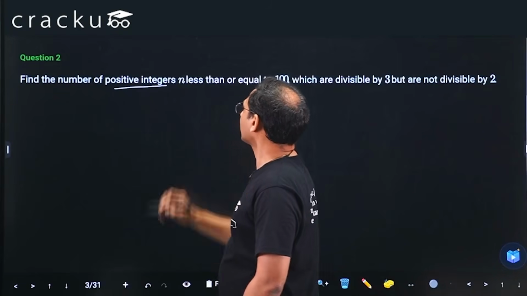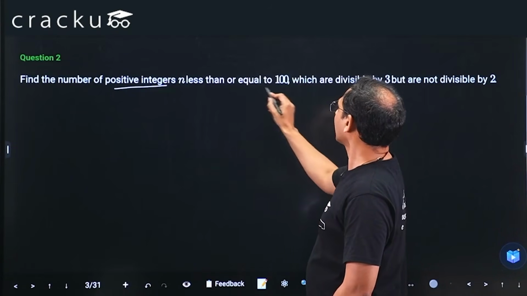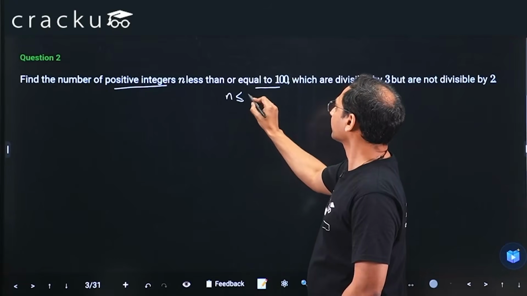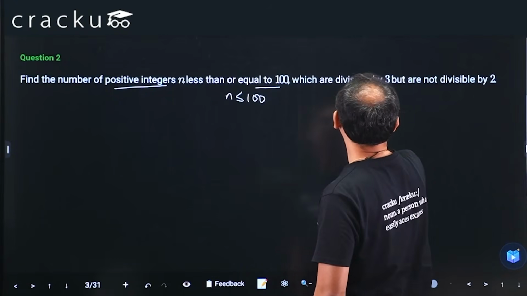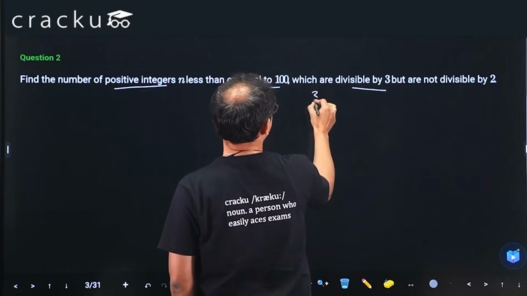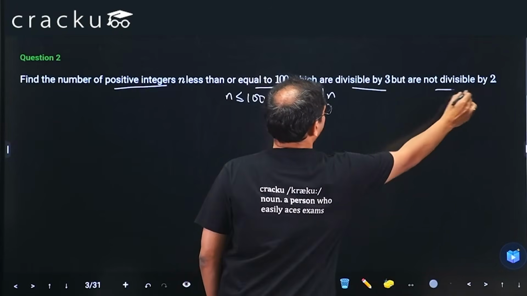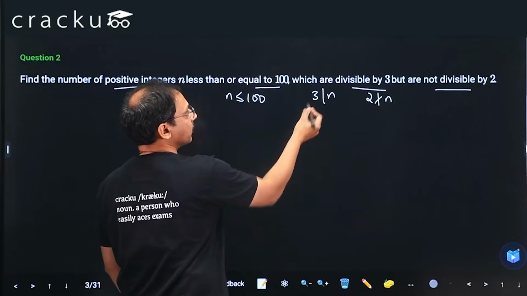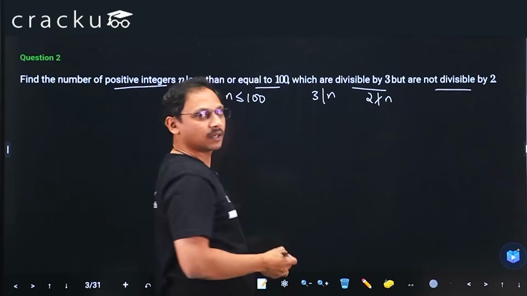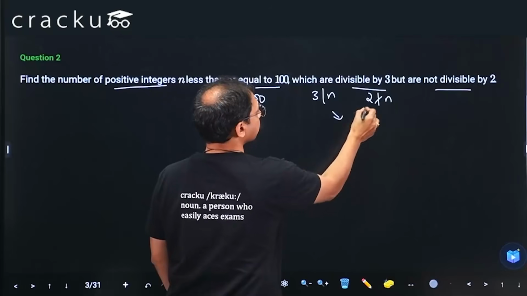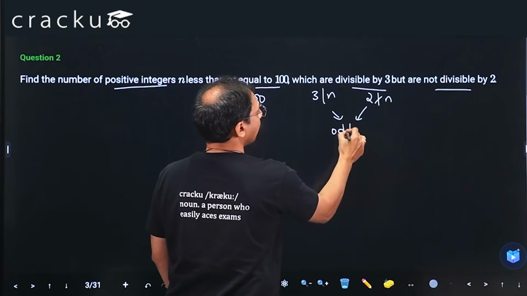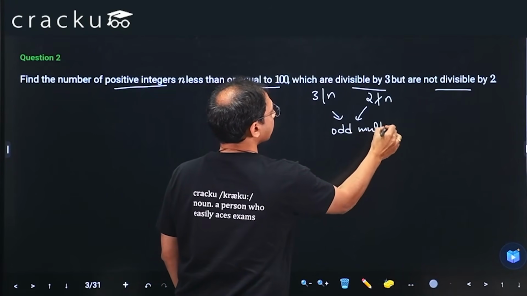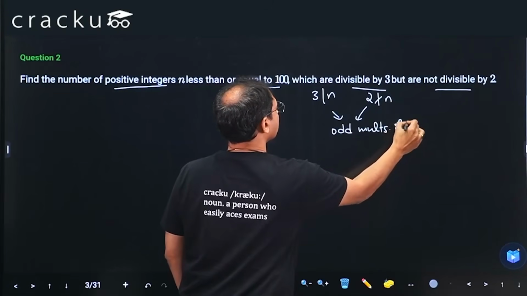Find the number of positive integers n which are less than or equal to 100, which are divisible by 3 but not divisible by 2. So we want multiples of 3 but not multiples of 2. That means we want odd multiples of 3.